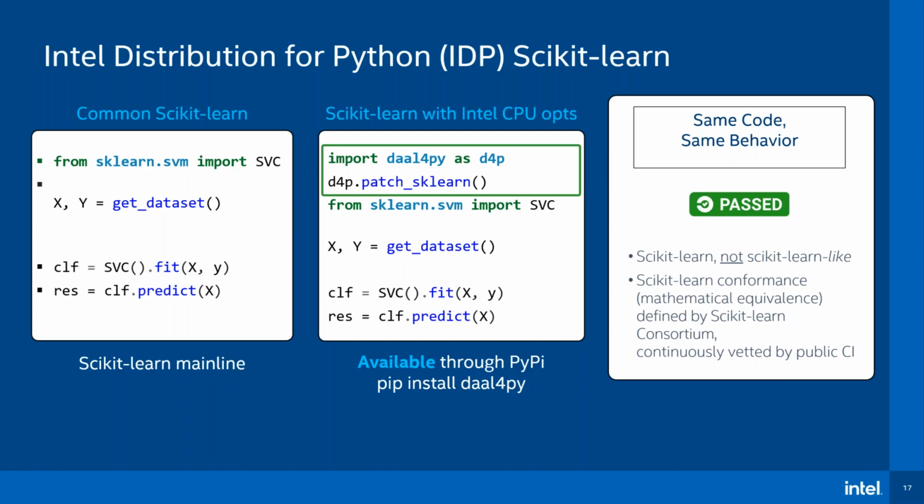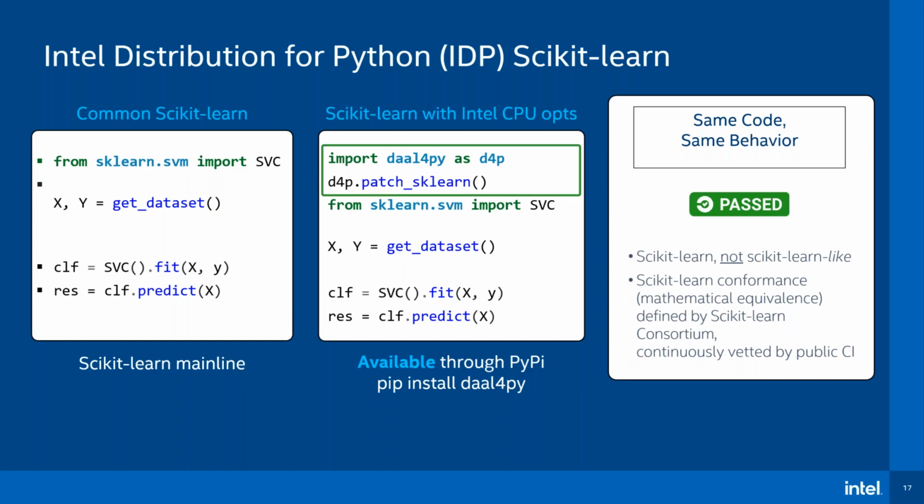The key I want to draw your attention to is that this is Scikit-learn, exactly Scikit-learn, not Scikit-learn-like. And the other important part, which is very crucial for a lot of HPC and other applications as well, is the Scikit-learn numerical conformance. The Scikit-learn consortium has certain conformance testing, and that is expected of each algorithm's implementation, mathematical equivalence.